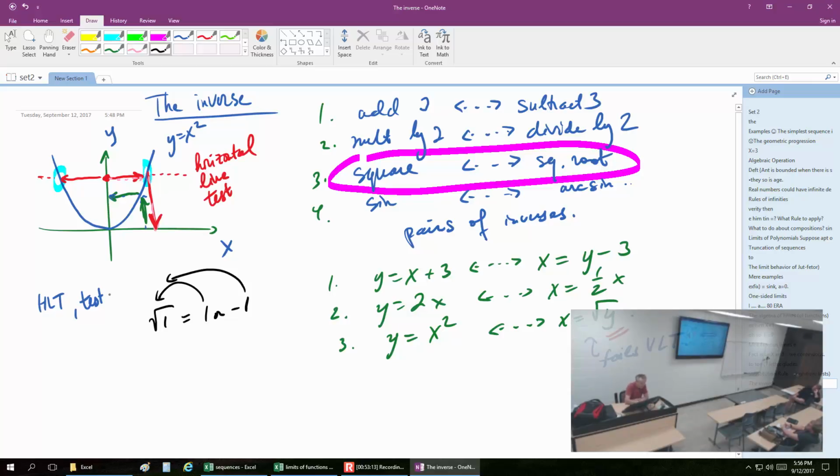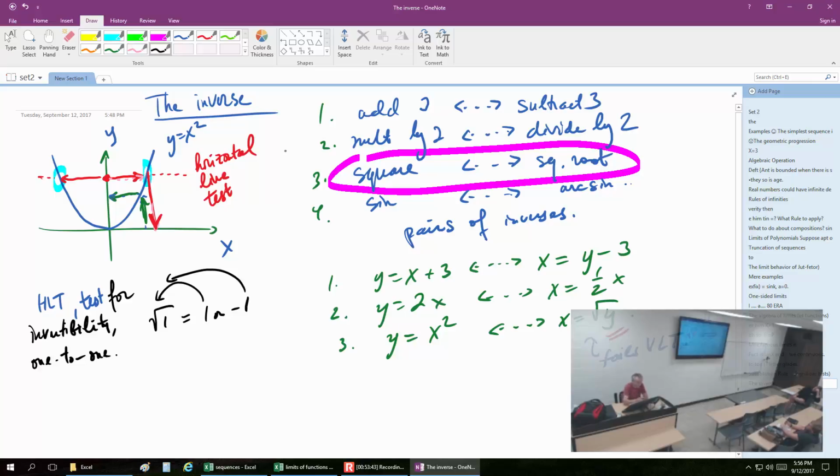So this test is a test for invertibility, also known as one-to-one. Invertibility meaning does it or does not have the inverse. So x squared does not have the inverse as stated, because there are two square roots of every positive number, and it fails the horizontal line test.